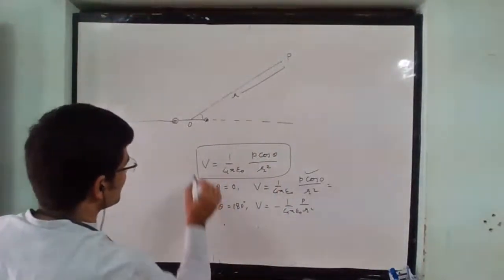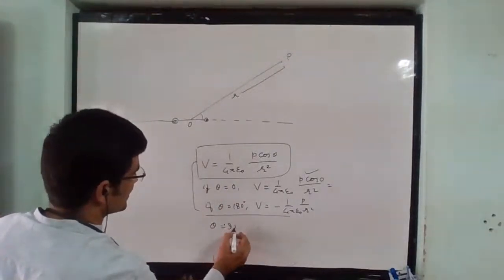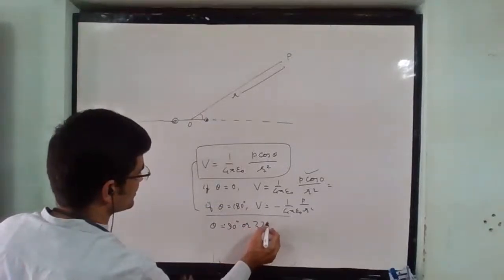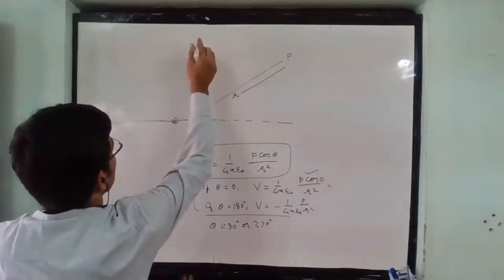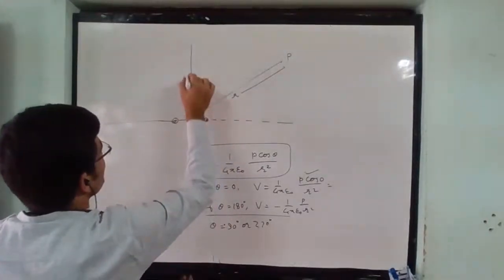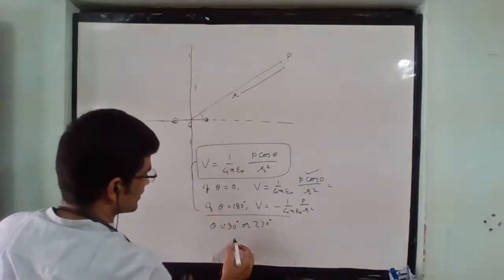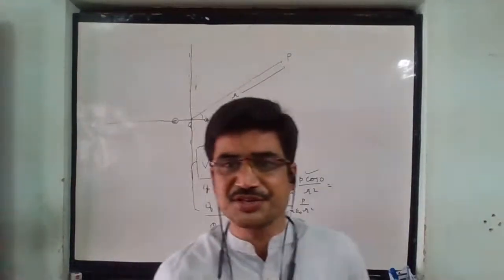And we also saw one more thing. When theta is equal to 90 degrees or 270 degrees, that is the broadside on position, the equatorial plane. On these points you will get V equal to 0. So there is no potential.